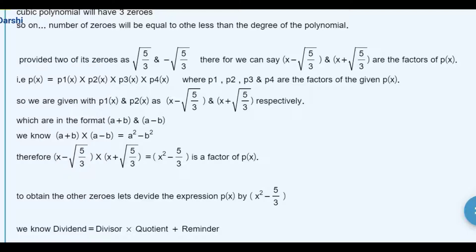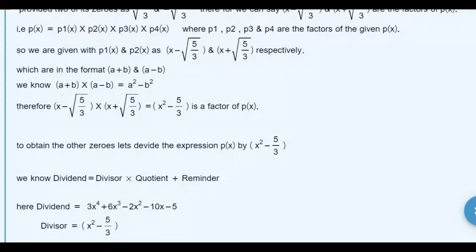How did I get that? In case you have a number x and if a and b are the factors of that number, then I can say a into b, the product of those two factors, will also be a factor of the given number x. The same property can be applied to polynomials. So here I can say x square minus 5 by 3 is also a factor of p of x.